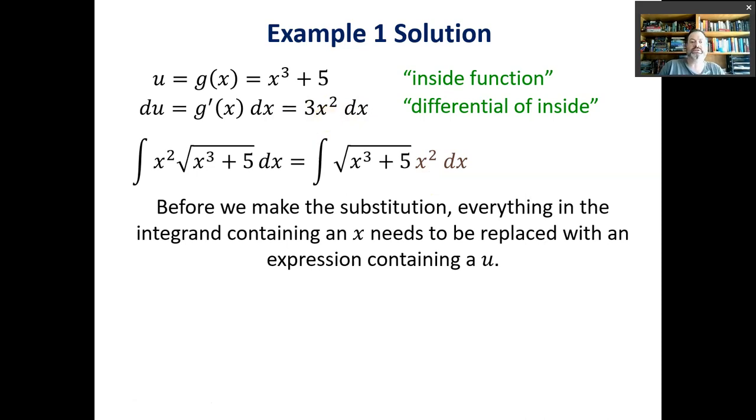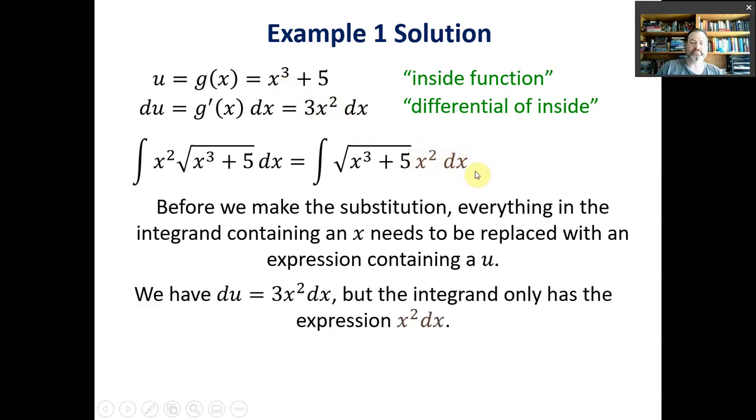Before we can make the substitution, everything in the integrand containing an x needs to be replaced with an expression containing u. We can already make this substitution. This is going to be square root of u when we're ready to do it. I don't know what this is yet, because here it's 3x squared dx. Here it's just x squared dx. So we have to keep fiddling with this until it looks like that.